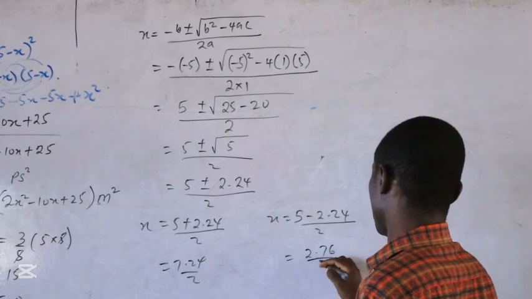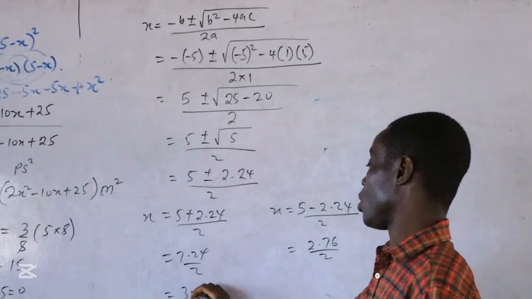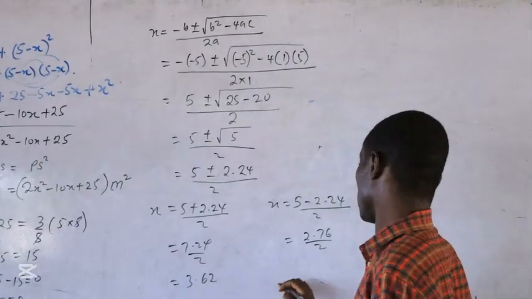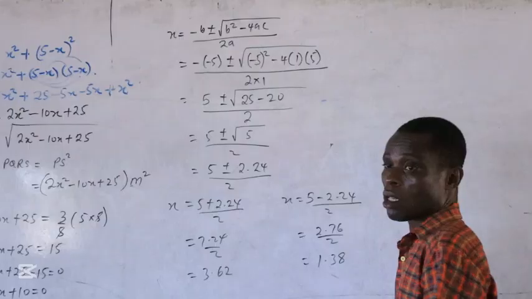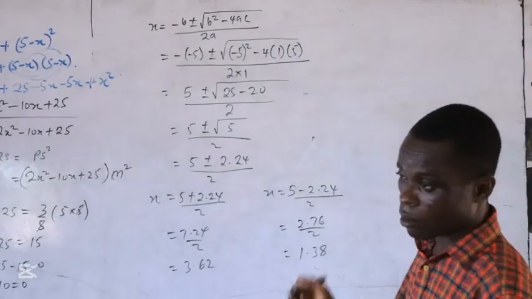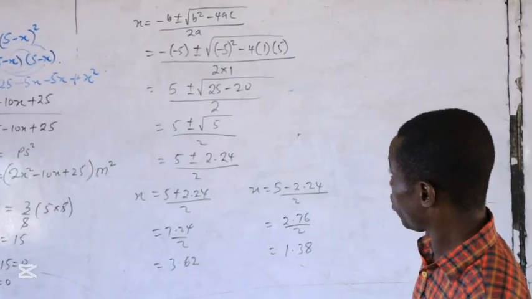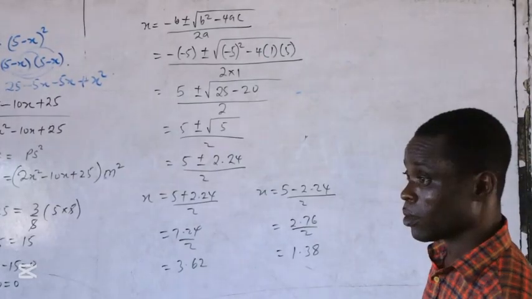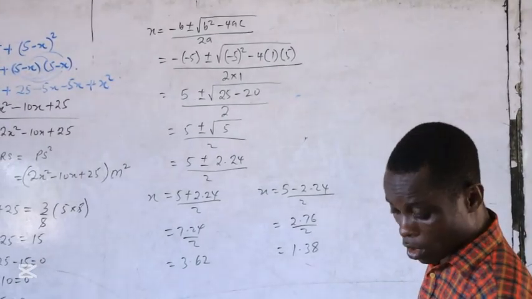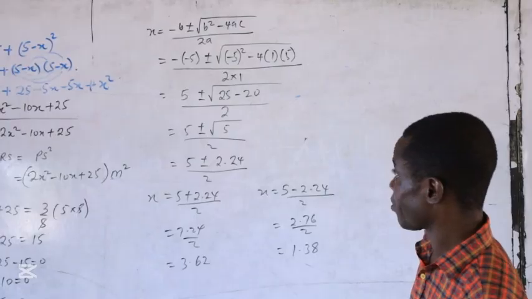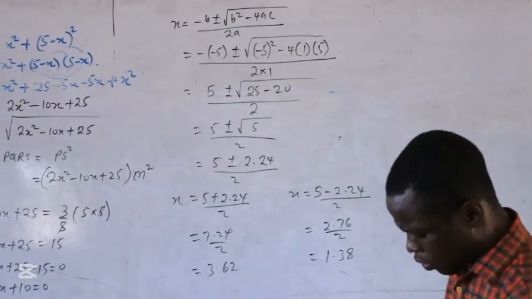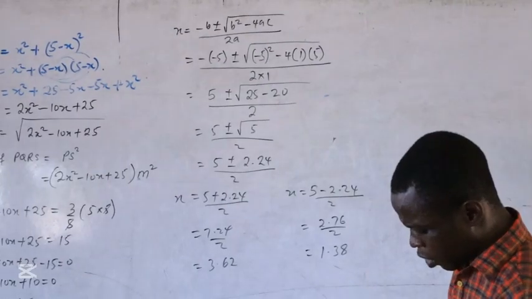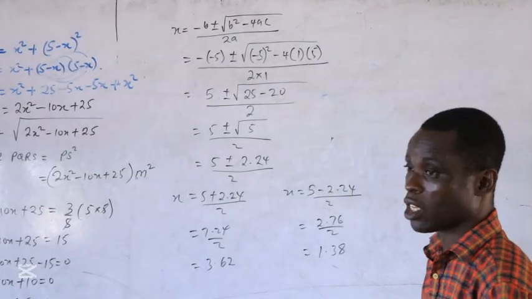Is that correct? 3.62. 1.38 or so. Please let me confirm all these answers. Are they correct? Press your calculator. Okay, so that is how to solve the question. We have degree of accuracy. Correct to 2 decimal places. They are already in 2 decimal places.